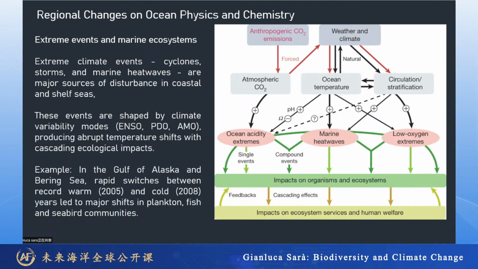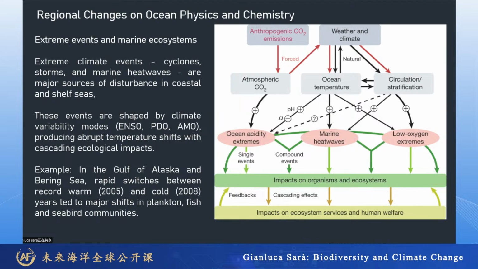And then in this diagram, I reported the different kinds of factors interacting among them. What is really important is this word, compound effect. The compound effect is just when different kinds of factors interact together to affect biodiversity.